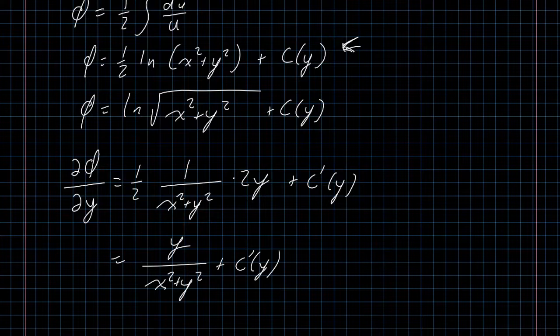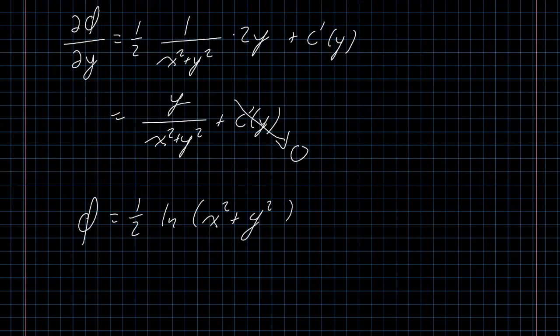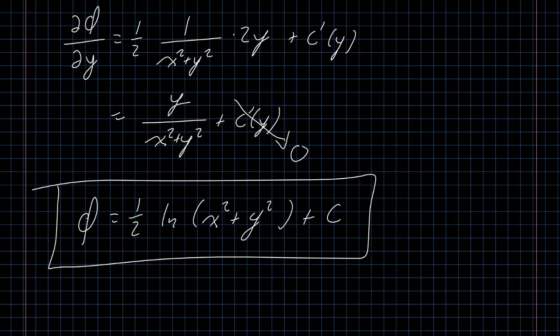And by playing a matching game, I know that I was supposed to get out y over x squared plus y squared. I wasn't supposed to get a c prime of y. So that last term is 0. That makes my life a lot easier. So in fact, my phi here is a constant. Now I know my potential function.